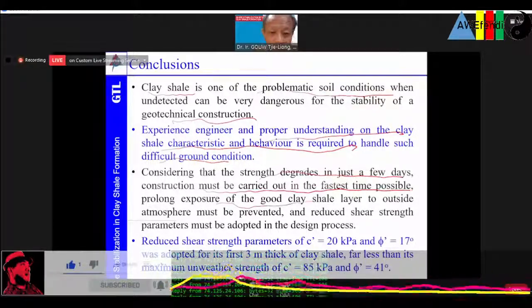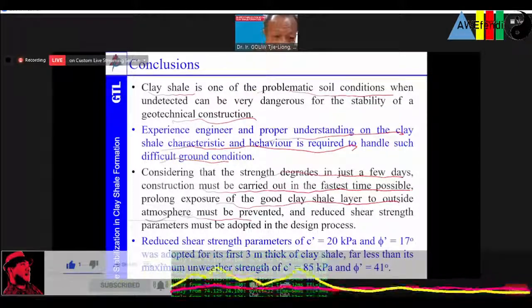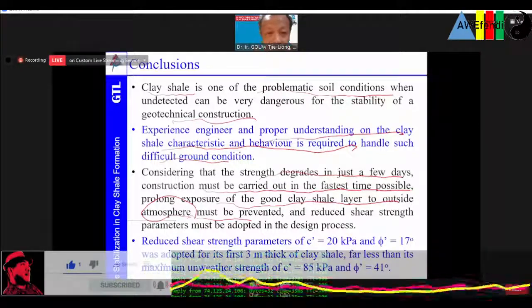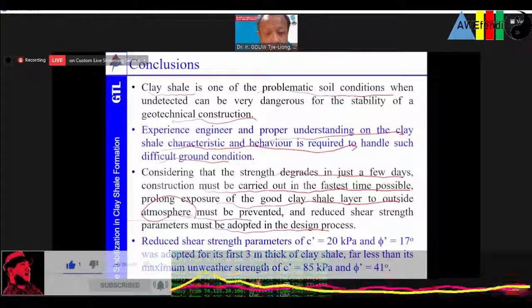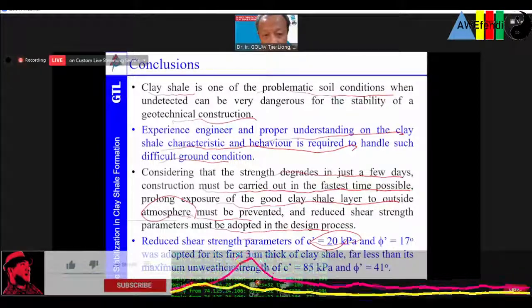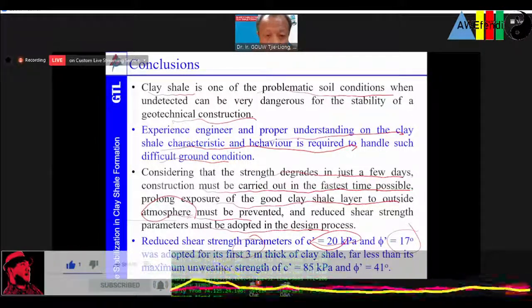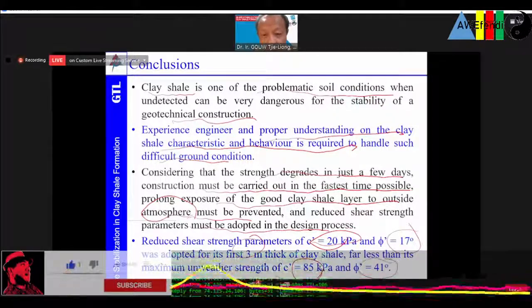Prolonged exposure of the good clay shale layer to the atmosphere must be prevented, and reduced shear strength parameters must be adopted in the design process. For this project, for the first 3 meters, we adopt c' of 20 kPa and phi of 17 degrees, far less than its maximum unweathered shear strength of 85 kPa and 41 degrees.